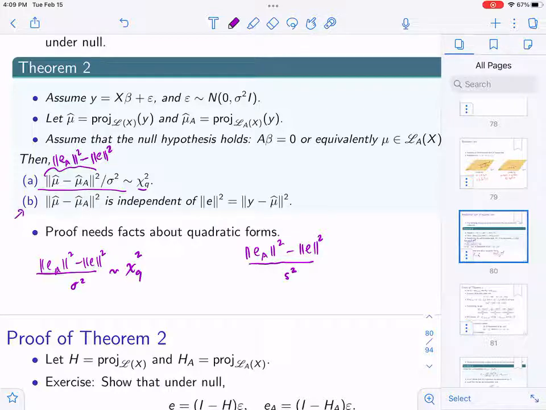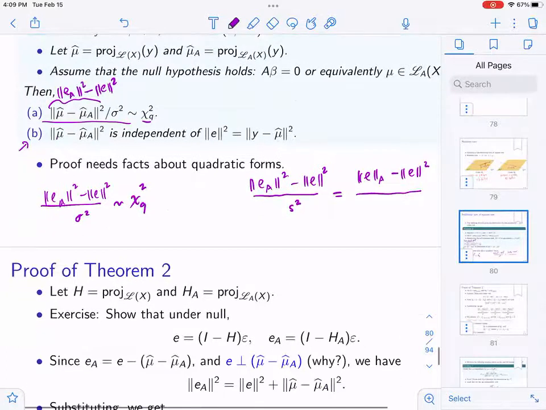You can use this part. So what is the formula for S squared? It's the same unbiased estimator under the full model. Yeah, okay, that's the same estimate that we had.